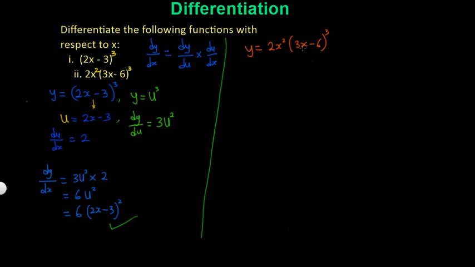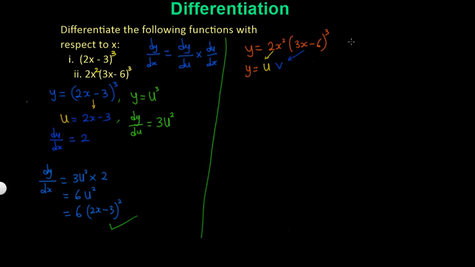So in this situation, this is a function that involves two separate functions. That is, function y can be said to be, this is one function, let's call that function u. And the other one, another function here, let's call that function v. That is, this one is function v, while this is function u. So to do this now, this is a product rule function.